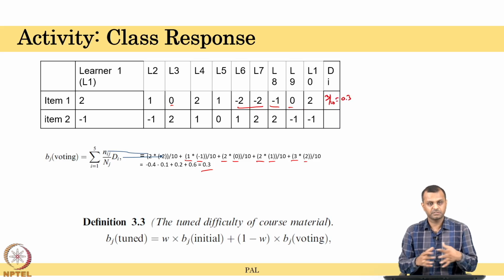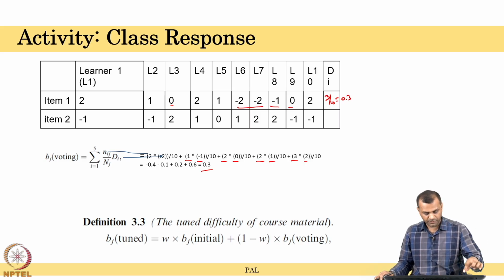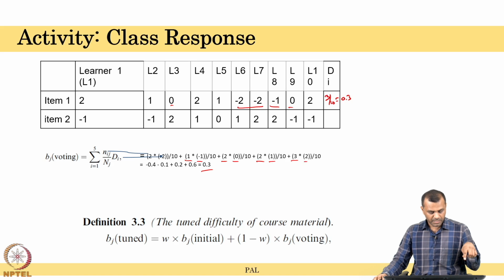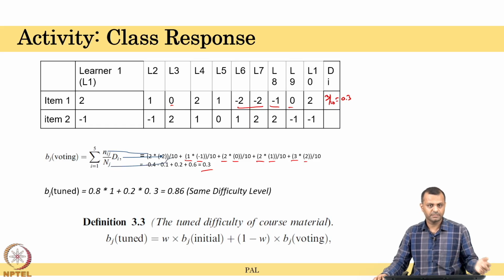This is just to standardize it on a large scale, for writing a program. This is the programmatic way. So you would have got the voting value for the first item as 0.3. Then if you substitute 1 into 0.8 plus 0.2 into 0.3, you would get the answer. That's about 0.86.